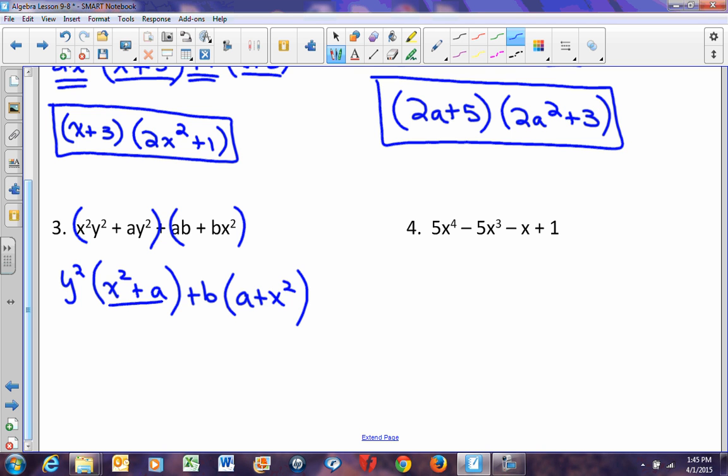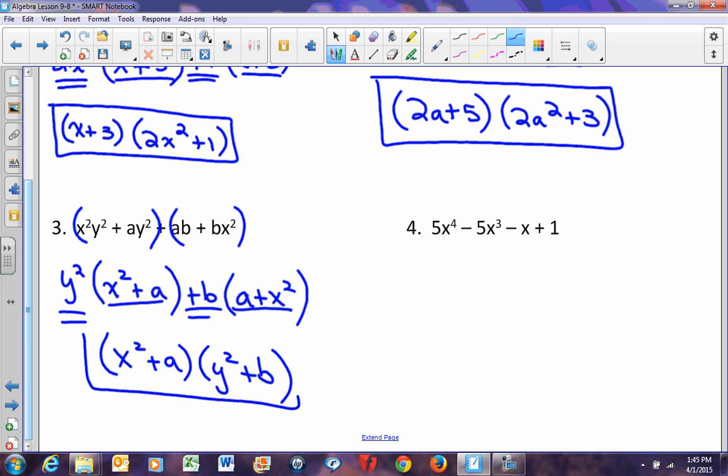Well, x squared plus a and a plus x squared are exactly the same thing because order doesn't matter with addition. So my common term is x squared plus a, and I'm left with y squared plus b. Now these will not factor again because they're not differences of squares, because the second term is not a square and there's no minus sign in there.